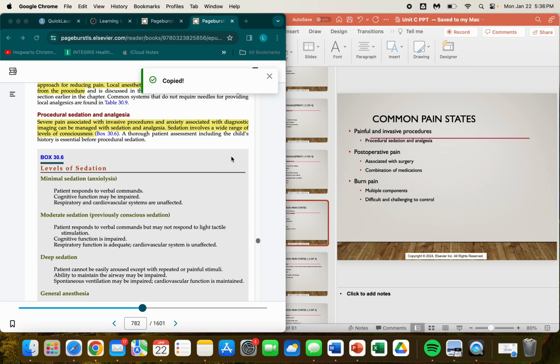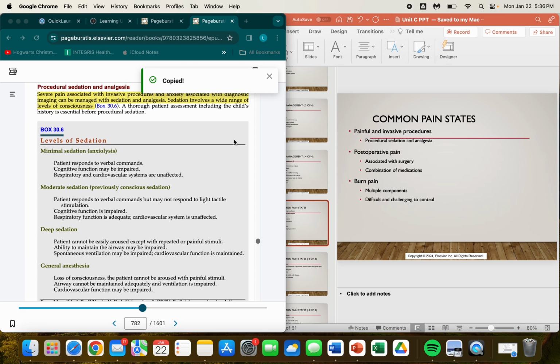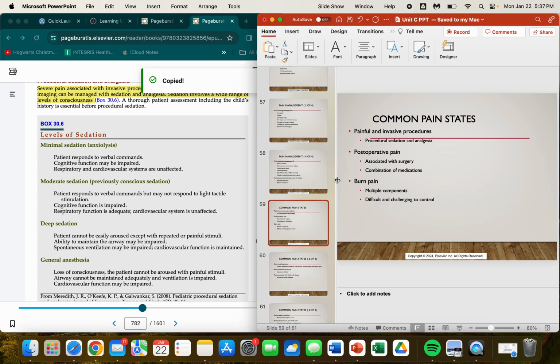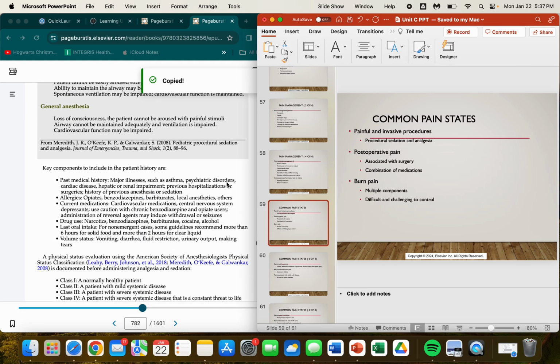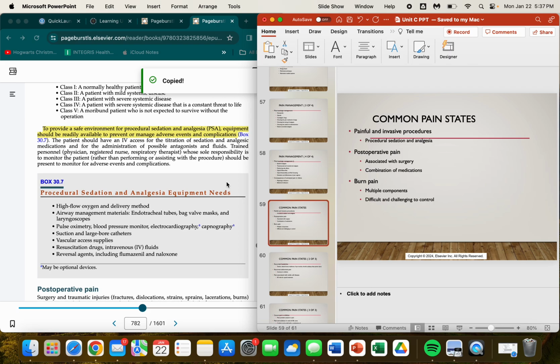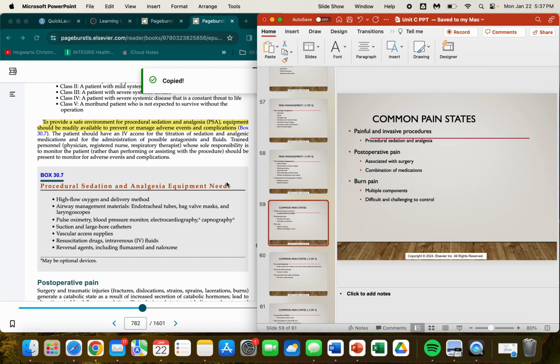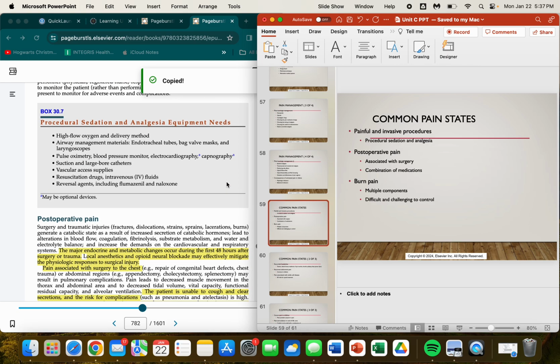Procedural sedation and analgesia is something that we may consider depending on what that child is going through, like if they have dislocated something and have to have a bone reset. To provide safe procedural sedation, we should always have equipment available to manage any adverse effects and complications.